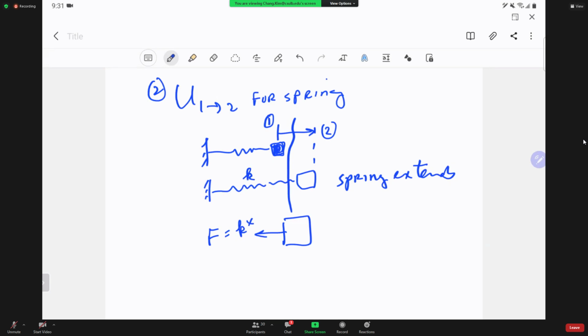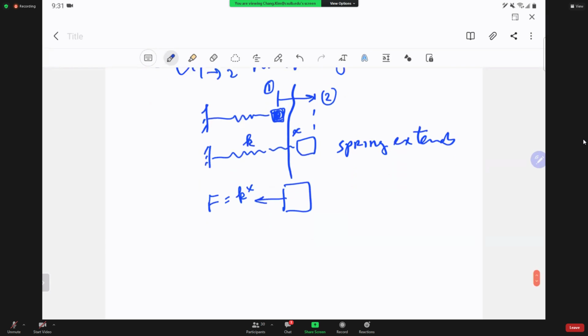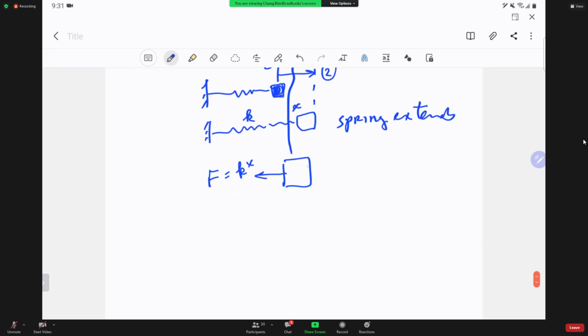K is the spring constant. X is the amount of the spring deflection. Okay, and direction here would be a dr, in this case in the x direction. So as you can see, this guy also has a 180 degree.